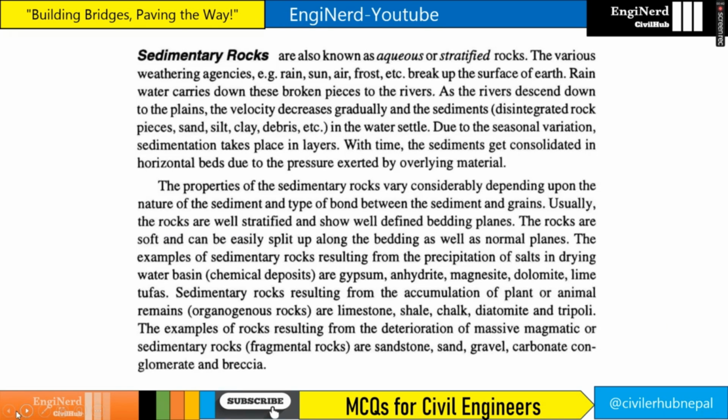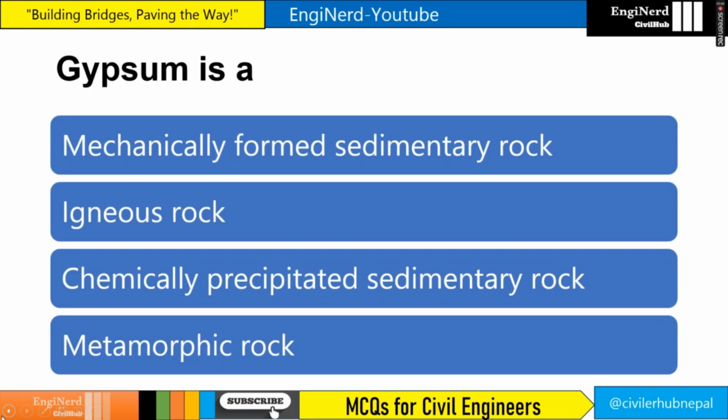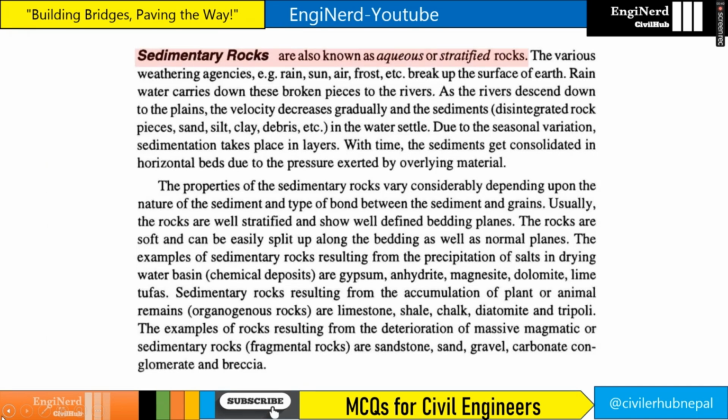Question 51. Gypsum is, we see here, options are mechanically formed sedimentary rock, igneous rock, chemically precipitated sedimentary rock, and metamorphic rock. So we know that sedimentary rocks are also called aqueous or stratified rocks, right? And these rocks are well stratified and have well defined bedding planes as well, right?